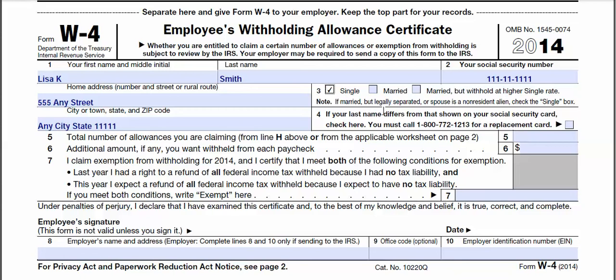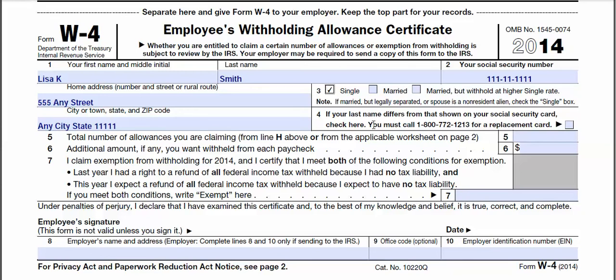If you're simply separated but not on paper, and perhaps you would be filing separate tax returns because of a separation of not living in the same home, then perhaps married but withhold at higher single rate would be appropriate for you as well. Again, it's a call you will have to make, and you should possibly check with your tax advisor if you're unsure.